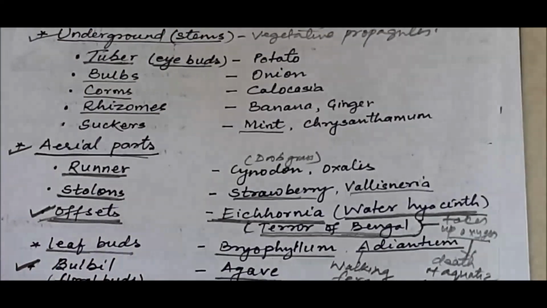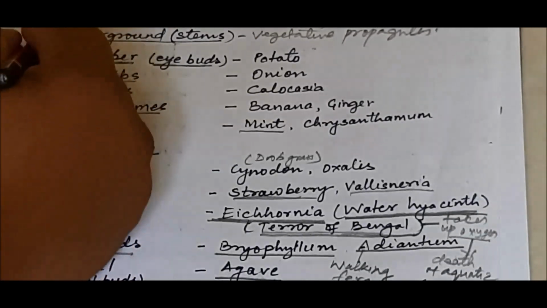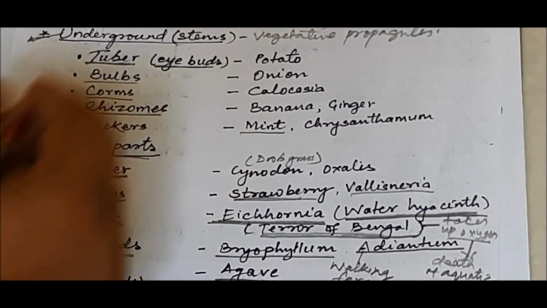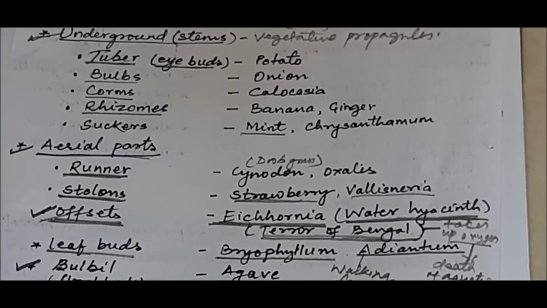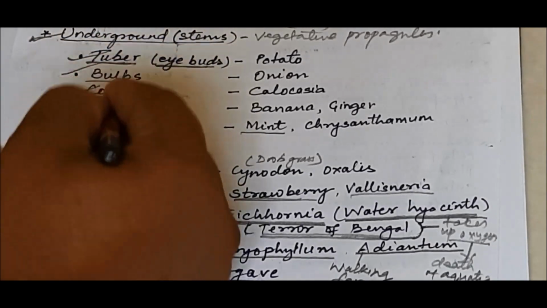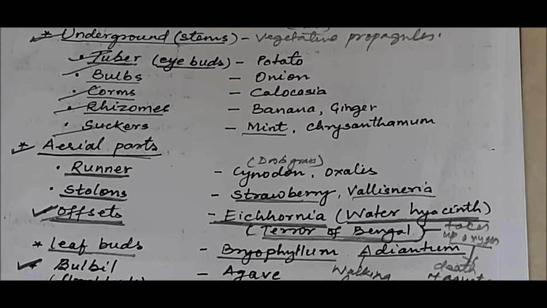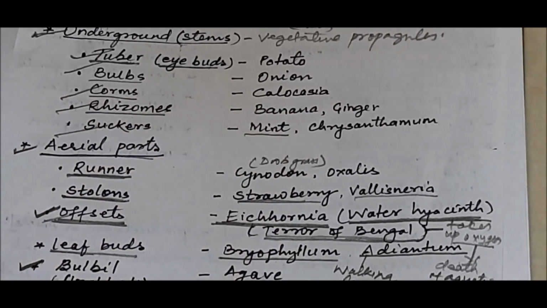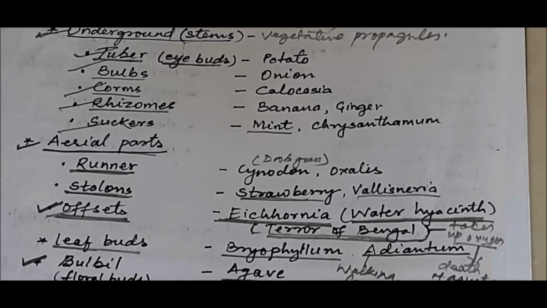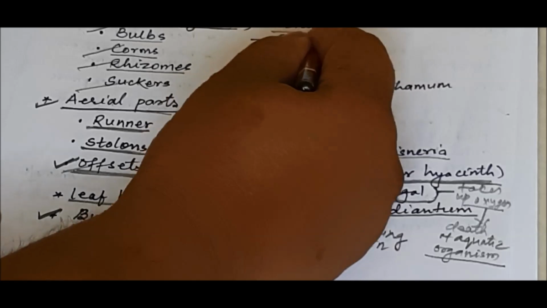That may be roots in sweet potato and Dalbergia, and many examples are there, but these are very important: underground stems or underground vegetative propagules such as tubers, bulbs, corms, rhizomes, suckers. Tubers in potato, bulbs in onion, corms in Colocasia, rhizomes in banana and ginger, or suckers in mint. Very important.